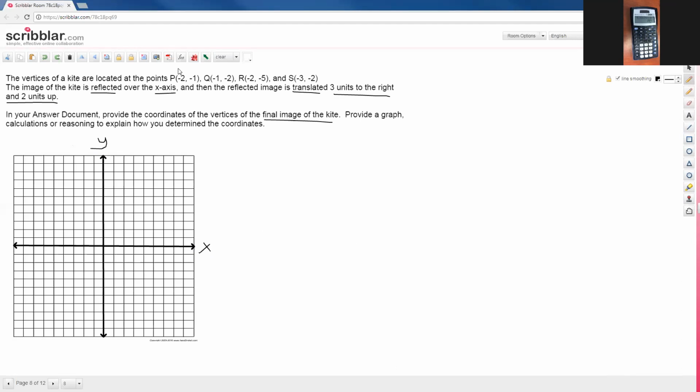Every coordinate in the coordinate plane has your x or your y first. The x tells you go left or right. The y tells you go up or down.